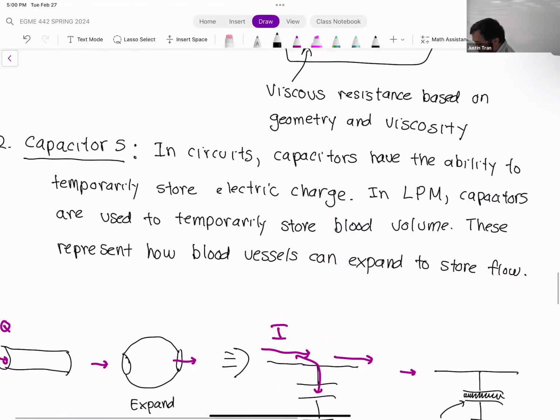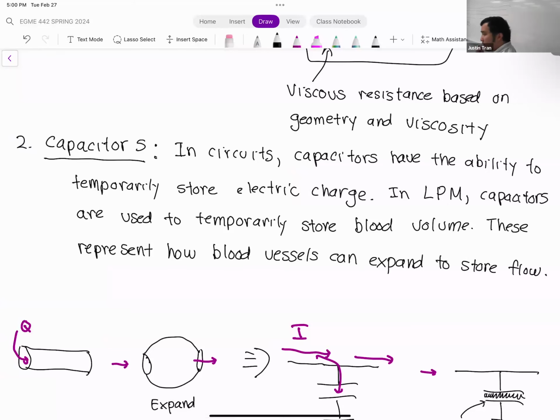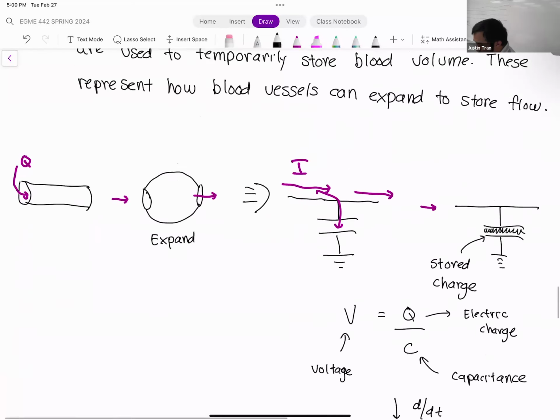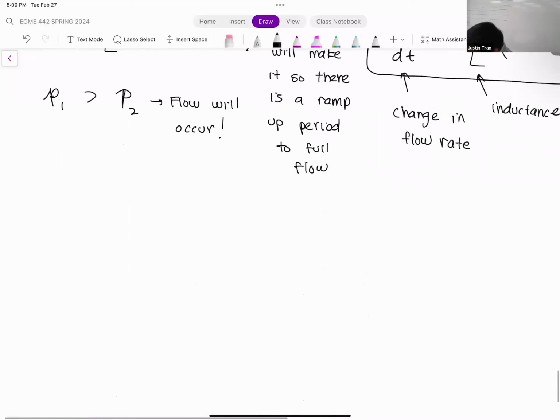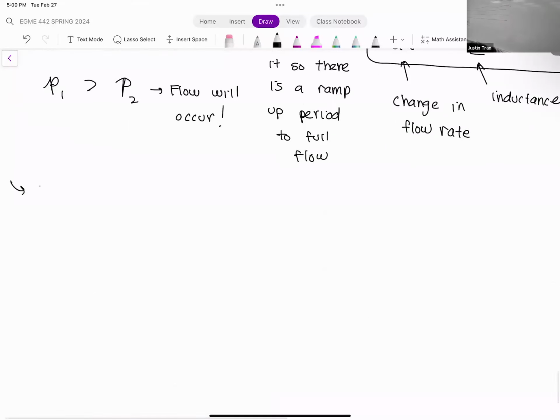For capacitors and inductors, in theory you could compute these, because they do represent physical traits or physical properties of the blood vessels themselves.